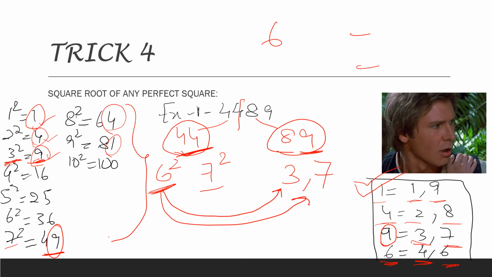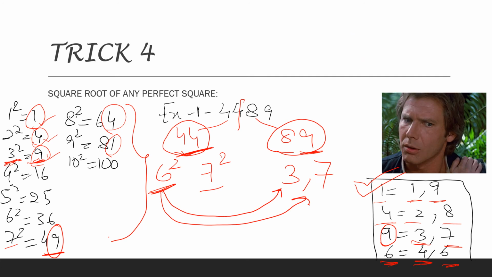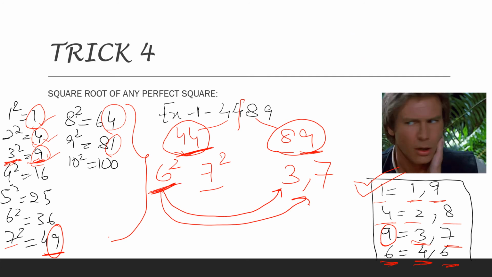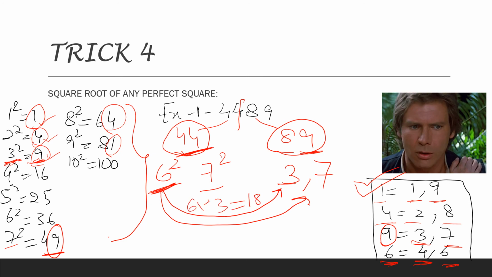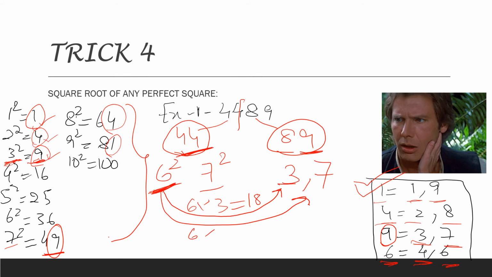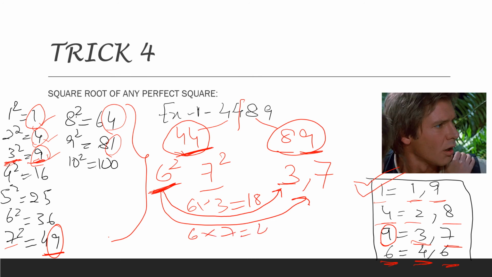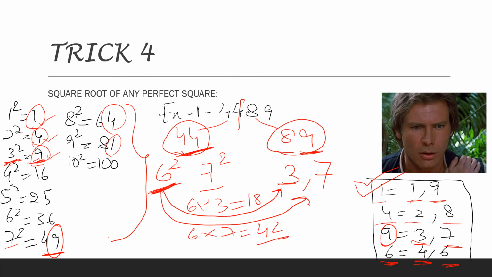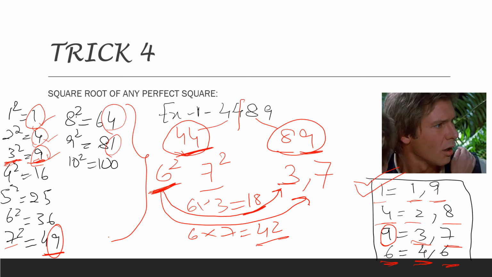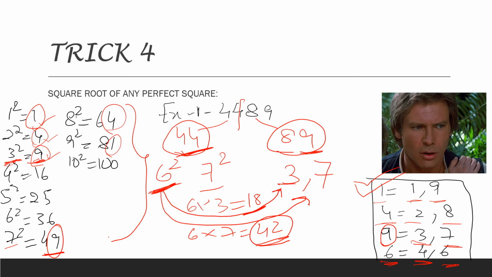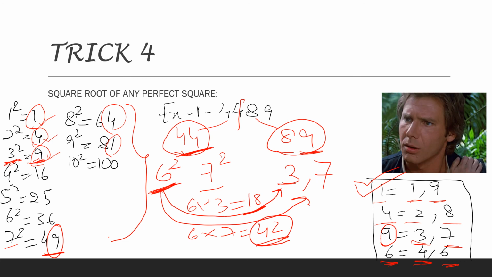That is nothing but 6. Now you have to multiply the number 6 with 3, which is 18, and again 6 with 7, which is 42. Now comparing 18 and 42, you have to see which is the larger number. The larger number is 42, and there is a condition where you need to check.